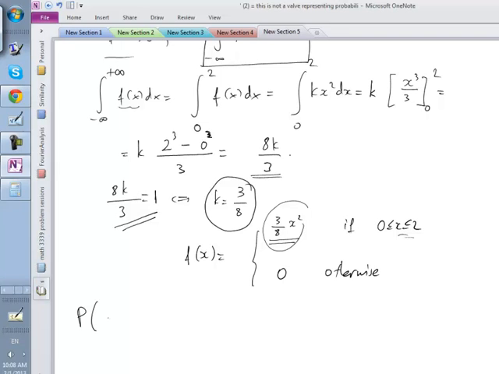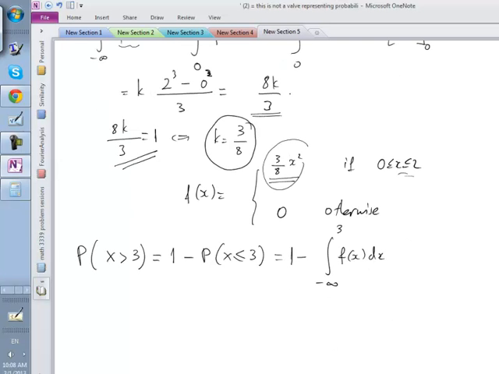What is the probability that x will go over 3 minutes? That it will stretch the lecture 3 minutes past the hour. Well, this is 1 minus the probability that x will be less than or equal to 3, which is 1 minus the integral from negative infinity all the way to 3 of f of x dx.